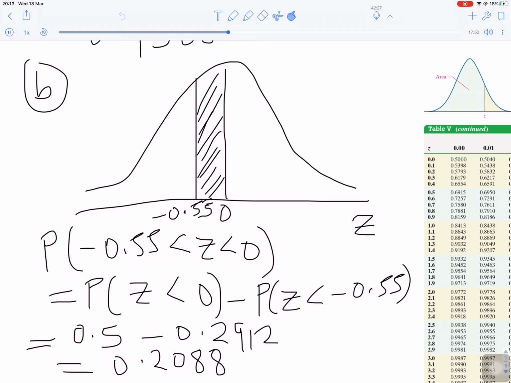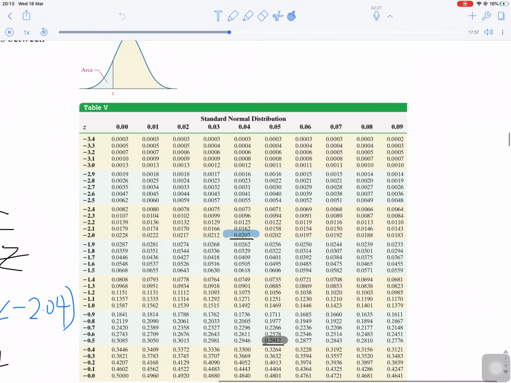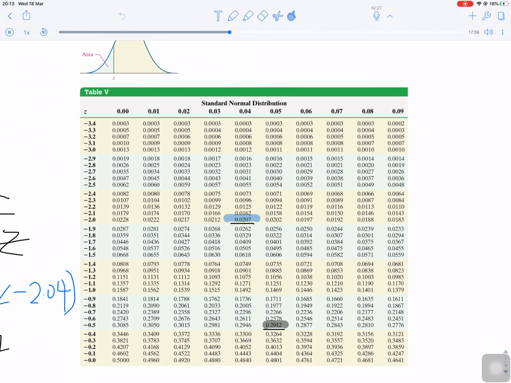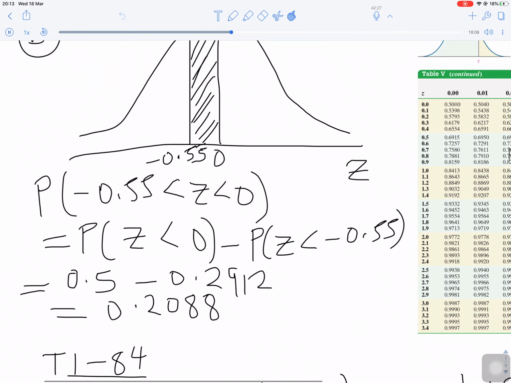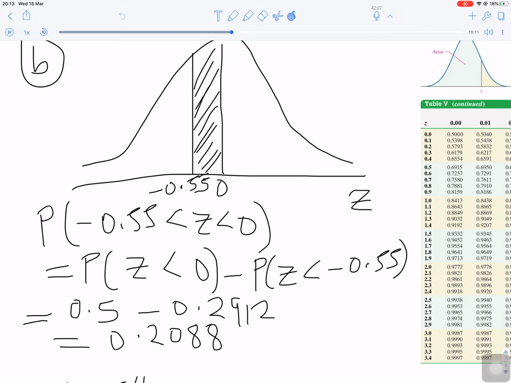Then P of z less than negative 0.55, we find from the standard normal table, and that gives us 0.2912. Doing the subtraction, the area between negative 0.55 and 0 is 0.2088.